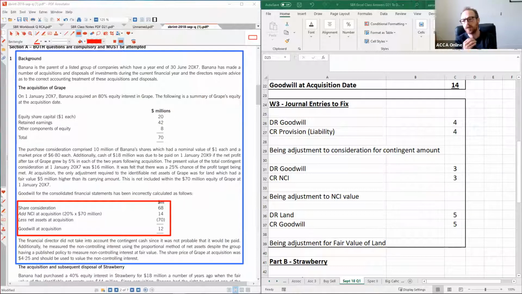Yeah, you could. As long as it's right, the only problem with that is that if you get one of them wrong, well, then you're probably going to get them all wrong. So you go the net. What's the net on goodwill? So debit 7, credit 5. So the net is 2. So you'd be like debit goodwill 2, debit land 5, credit provision 4, credit NCI 3.